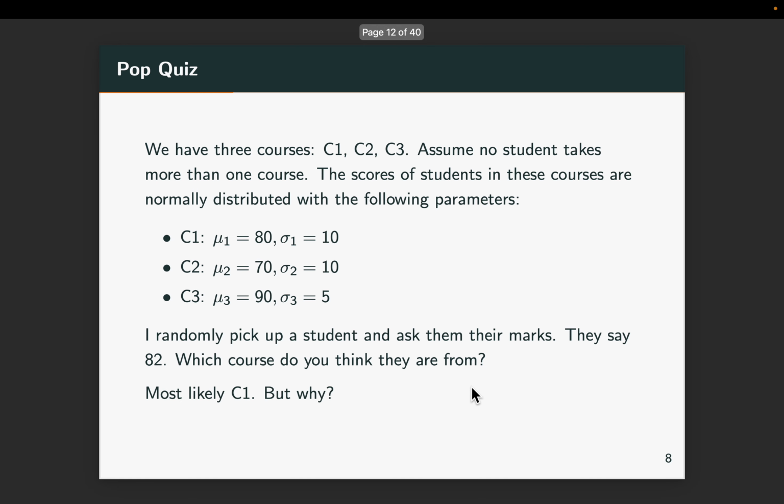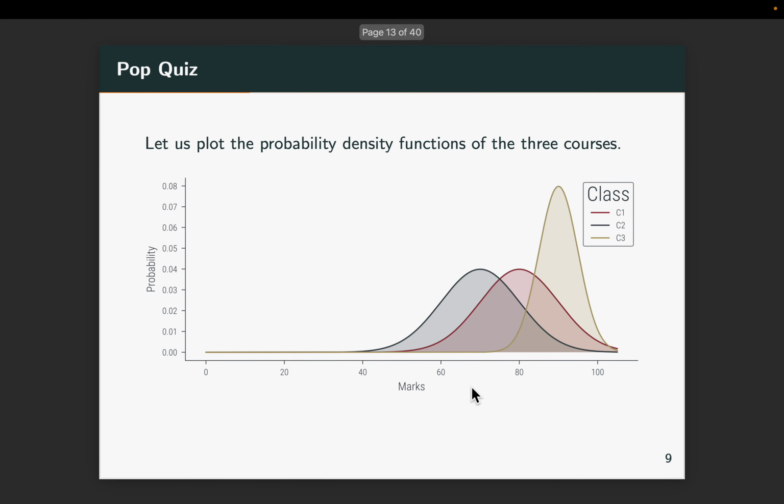Now let's see. I've plotted the probability density function for the three courses, C1, C2, C3. C3 seems to have a very low standard deviation, so most of the students are getting marks within this range. I said that I want to check the most probable class for a student who got 82 marks.